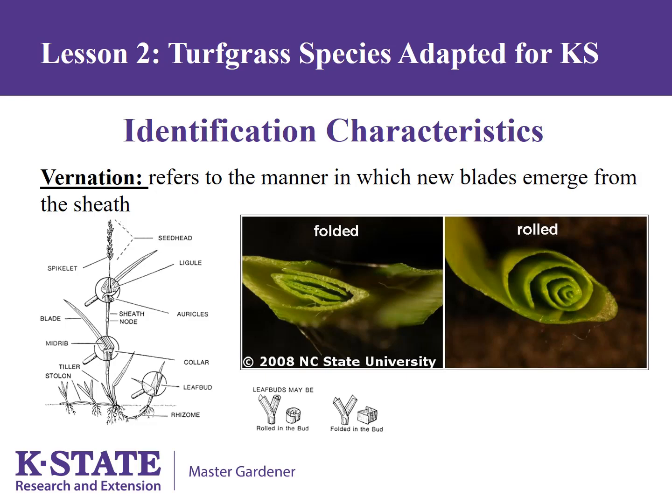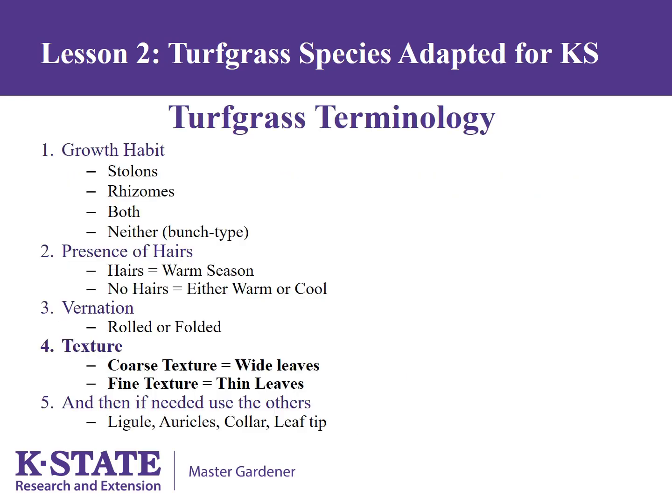But don't worry too much about the differences until you get into identifying specifically a species or variety of turfgrass. There are different textures as well. We call coarse textured grass very wide bladed plants. Has anybody been down to Florida?